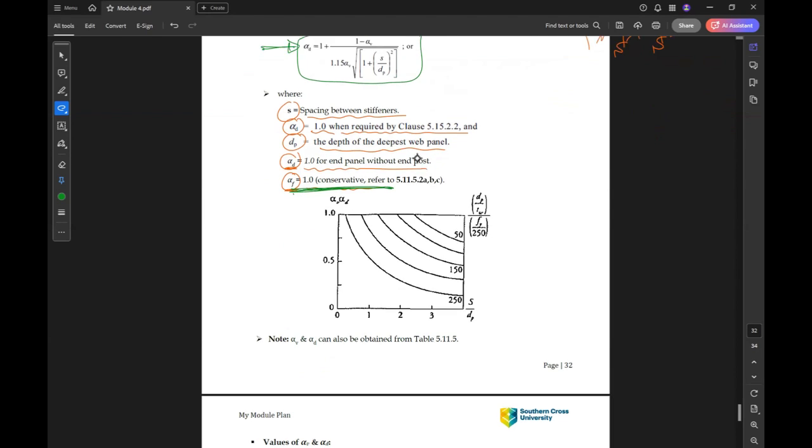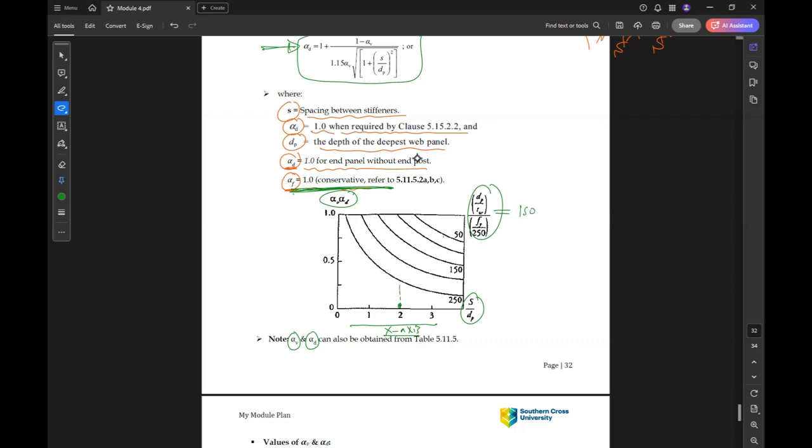Another option to find lambda V times lambda D is from this chart. So using S over dB on the x axis and dB over TW times root of F y over 250 on the other axis, like this graph. So for example, S over dB equal to 2 and this value equal to 150.